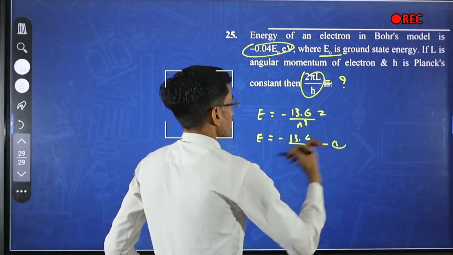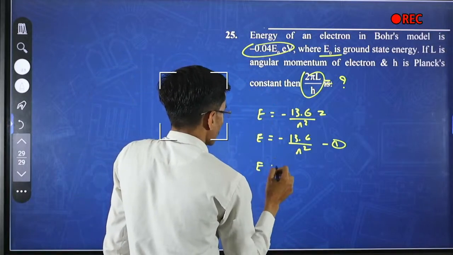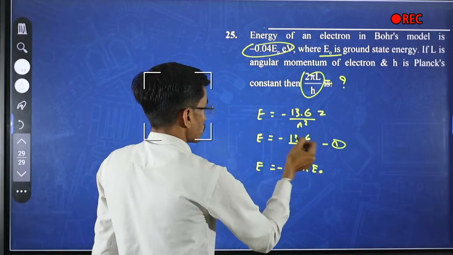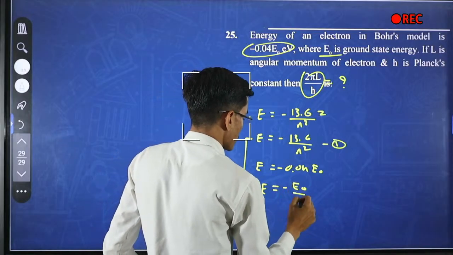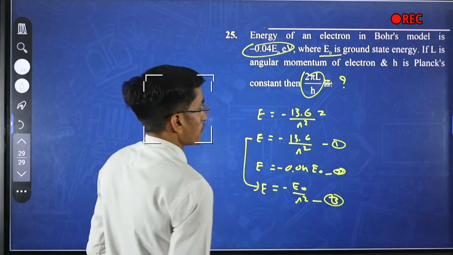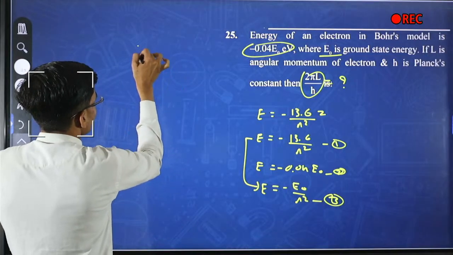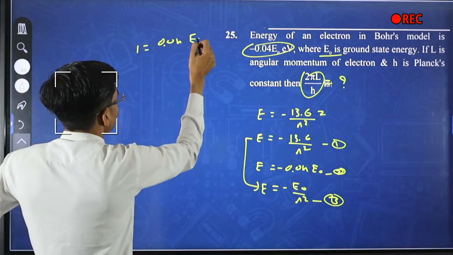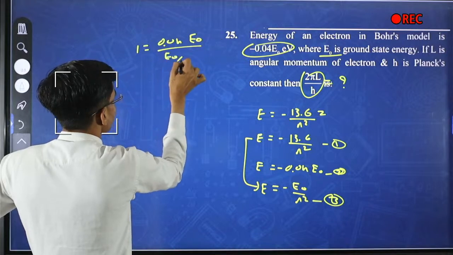Let us say equation 1. Energy of hydrogen is given as E is equal to minus 0.04 E0, and this also can be written in form of E0. So minus E0 upon n square, let us say equation 2 and 3. Dividing equation 2 by 3, we will get that 1 is equal to 0.04 E0 divided by E0 n square.